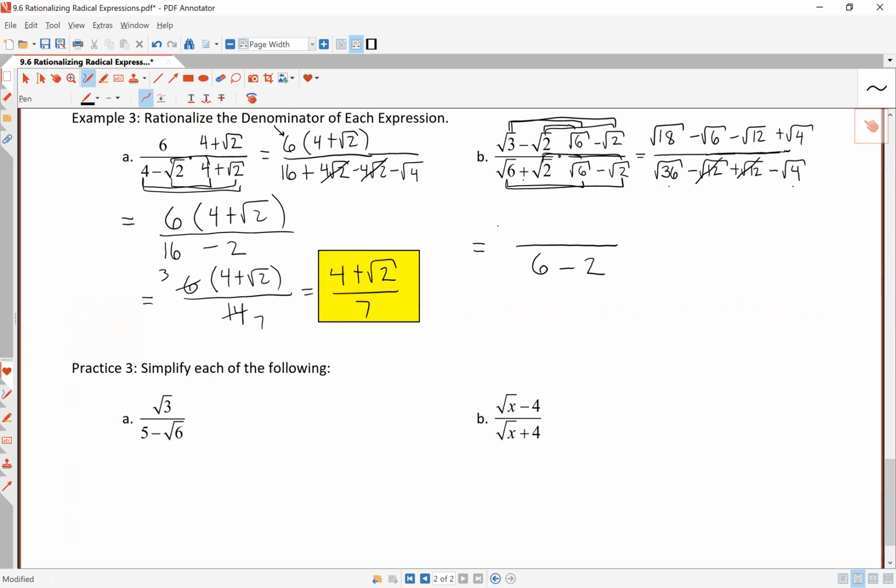So we have square root of 18 minus square root of 6 minus square root of 12 plus square root of 4, which is 2. Now we just have to simplify all those radicals. 18 is 9 times 2, so that's the square root of 9, which is 3, square root of 2 minus square root of 6. 12 is 4 times 3, so that's 2 radical 3. Plus 2, all divided by 4.